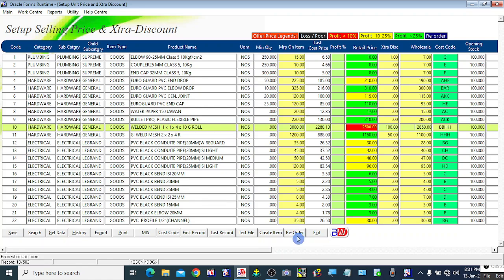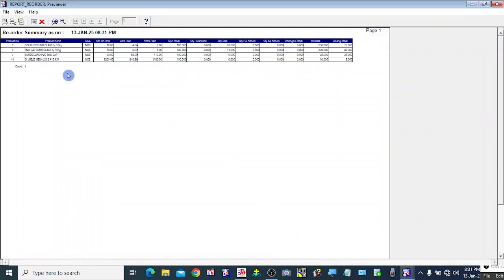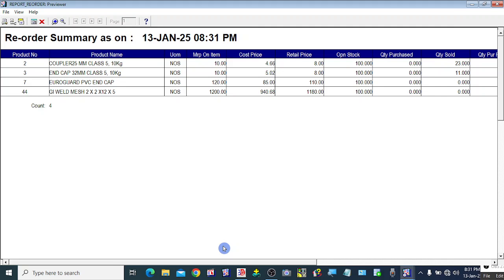If you click on this reorder button, system will generate a report out of the huge inventory, how many products have reached the minimum stock level, or in other words, how many products we are required to place new purchase orders to the suppliers for immediate purchase.